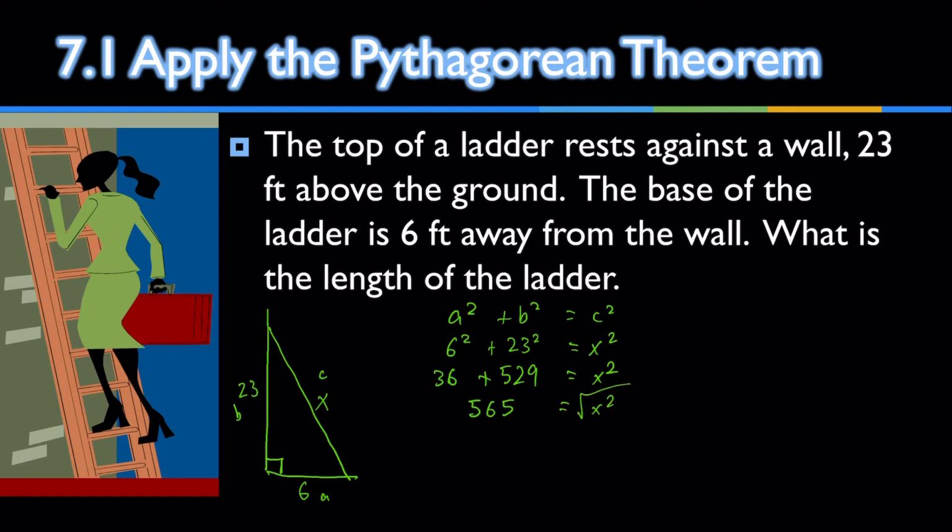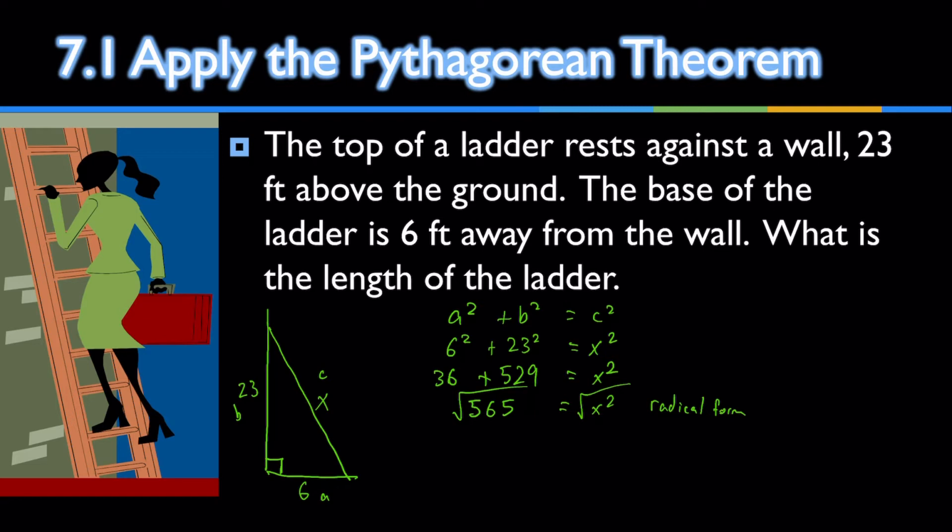So for x, you have to square root. So I think what times what makes 565, one of which is a perfect square. And the only thing I can come up with is 5 times 113, but neither of those are perfect squares. So the square root of 565 is the radical form.